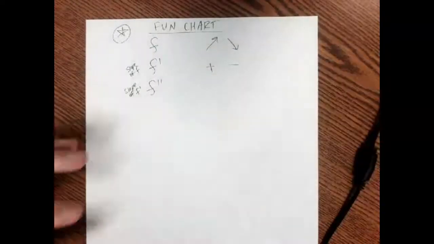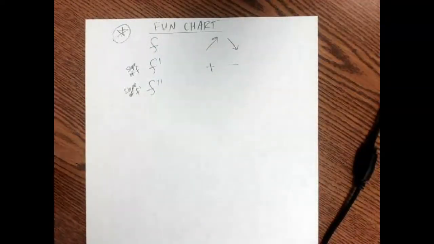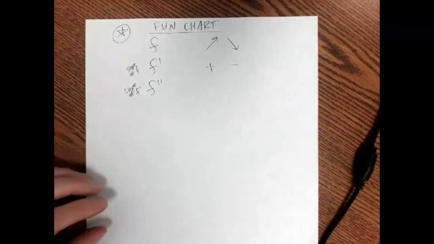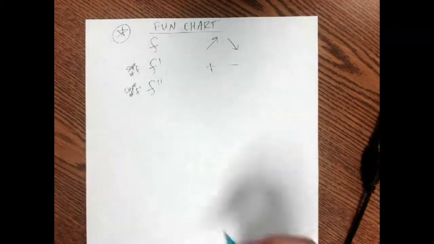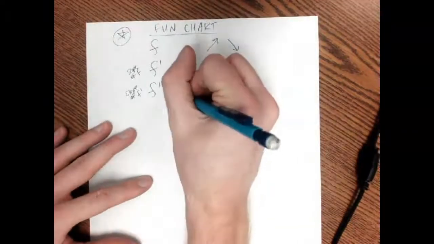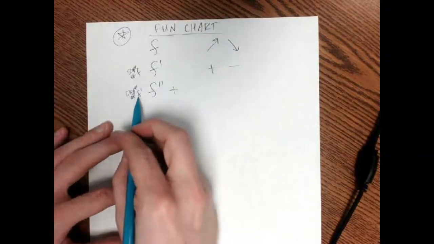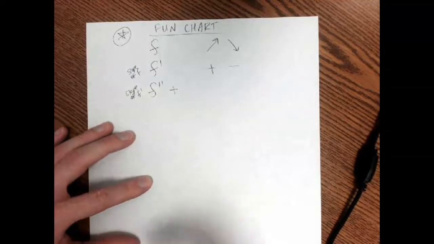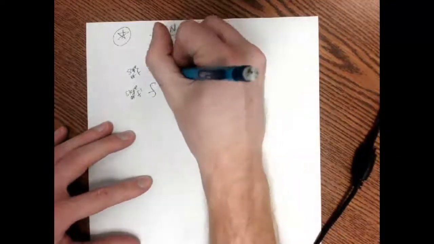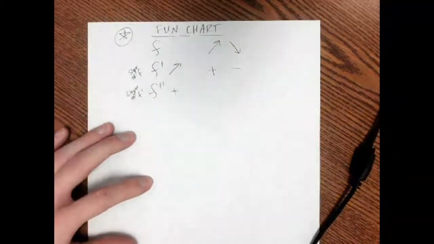So when you're taking a derivative, going down one layer and taking one derivative, that's going to end up telling you the behavior, the slope of the graph, right? Increasing or decreasing. Now going down two layers is a little bit harder, but let's try to follow the logic. If the second derivative is positive, that means the slope of f prime is positive. Well, that means f prime is increasing, right? Positive slope is the same thing as increasing.